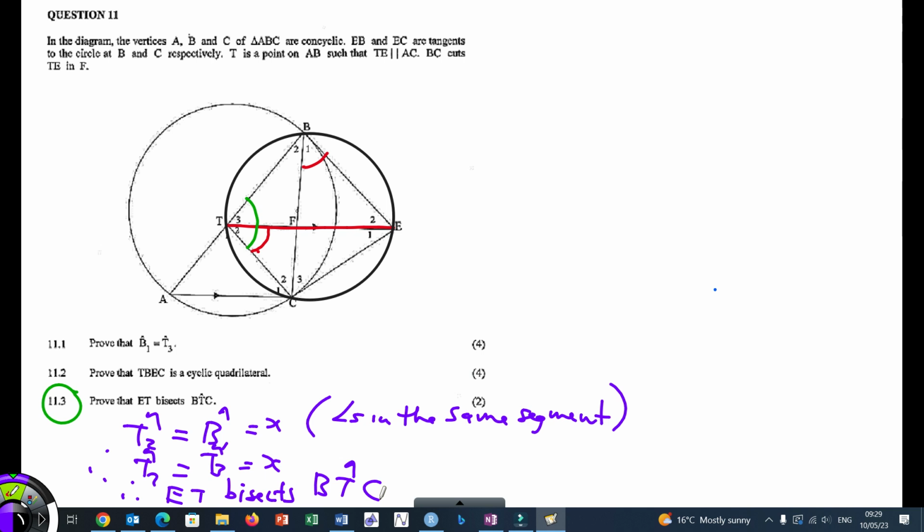So if TE is a bisector of BTC, it means it divides the angle into two equal what? Angles. So you have to prove that T2 is equal to T3. I have proved here that T2 is X, and we already know that T3 is also X. Therefore, those two angles are equal, hence TE is a bisector of angle BTC.